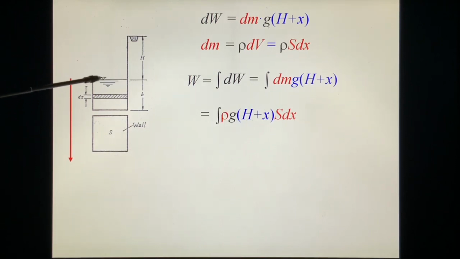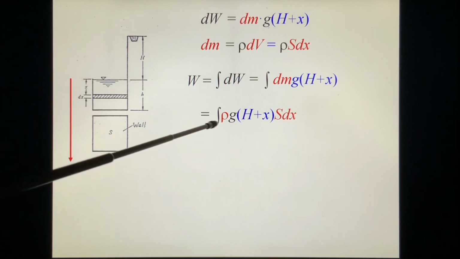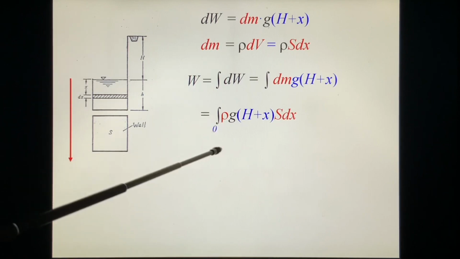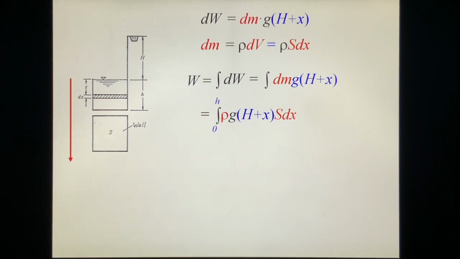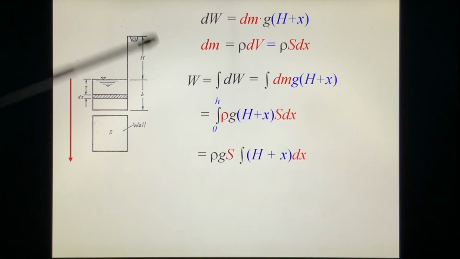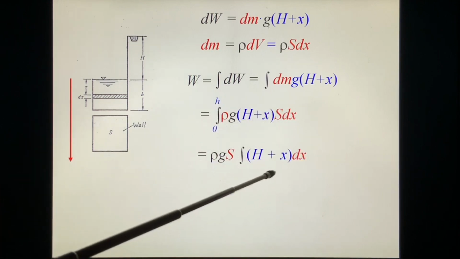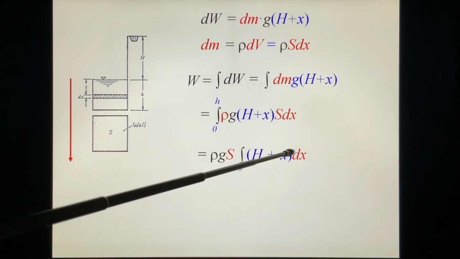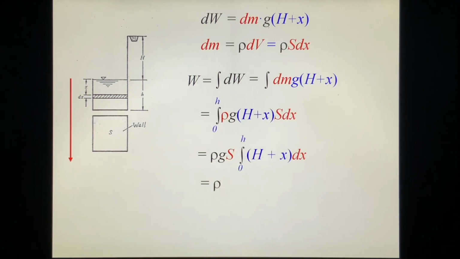The layer we take from x equal to 0 to x equal to small h. So the integration limit is from 0 to h. Then we do the integration. I'm not going to do it. It's very simple. We take constants out when doing integration. This is Hx plus half x squared. So finally, we get the answer.